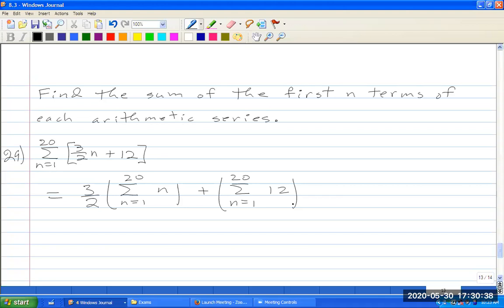Well, I know the formula for the sum n equals 1 to k of n. It'll just be k times (k plus 1) all over 2. So this will just be 20 times (20 plus 1) over 2.